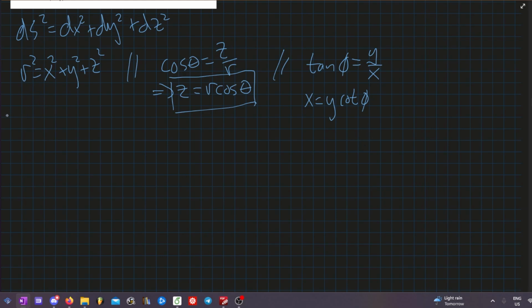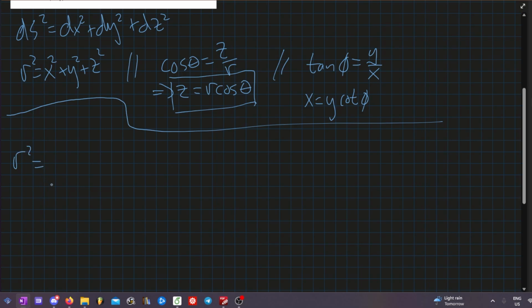One way of going about getting something interesting is just substituting into this r squared equation. So let's go ahead and do that. We have something for x, so let's put that in. It's y squared cotangent squared of phi for x squared, and then plus our normal y squared here, plus z is r cos theta, so r squared cos squared theta, and that is that line.